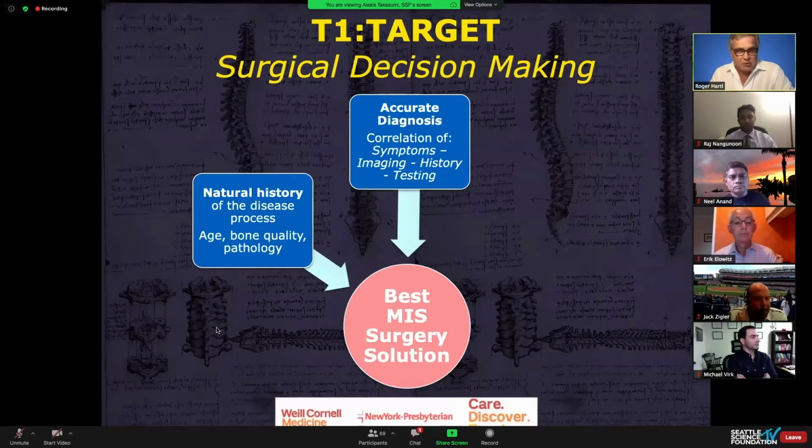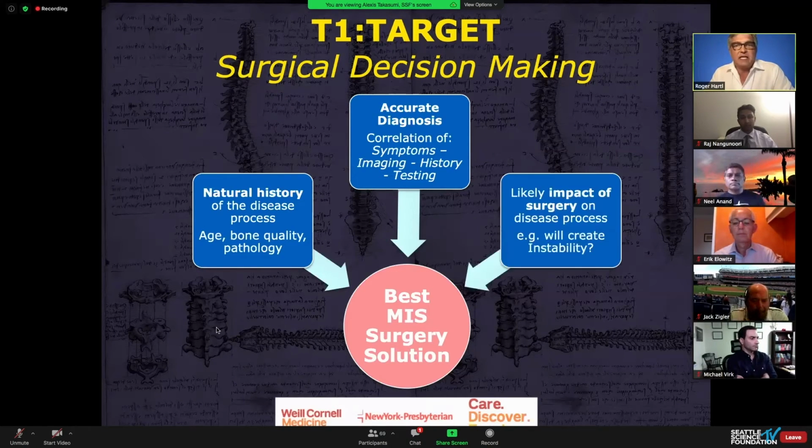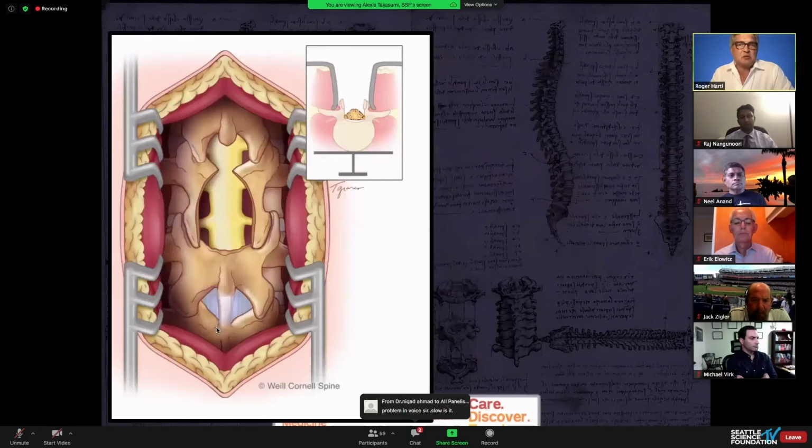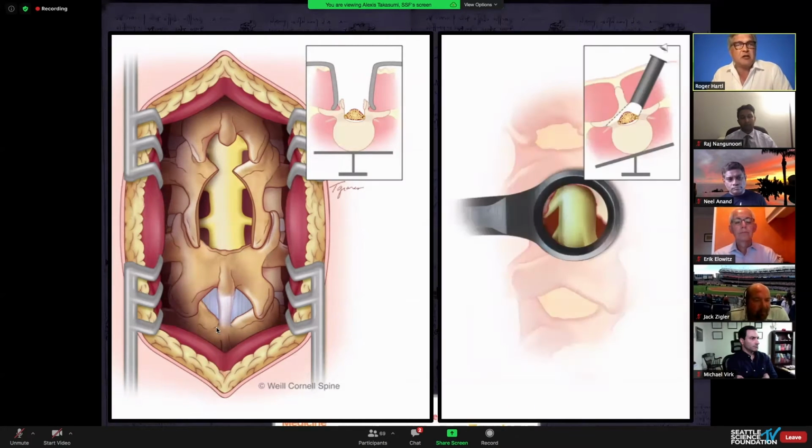The natural history of the disease is important, and then the likely impact of surgery on disease progression or on the disease process. So for example, if you have a patient with spondylolisthesis and lumbar stenosis and you do a traditional open operation and you remove a lot of the posterior elements, you may cause instability, but if you do it through a tubular retractor or with the endoscope, you preserve stability and therefore you can avoid a fusion in this patient.